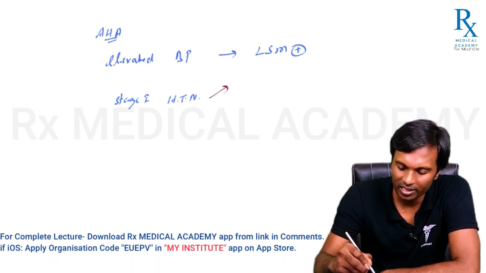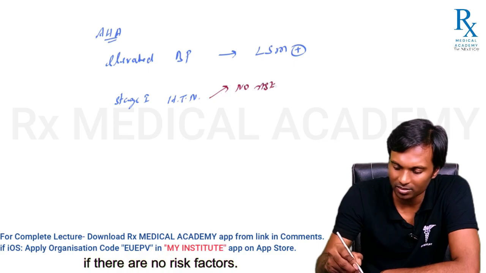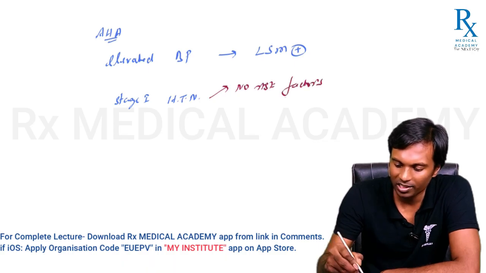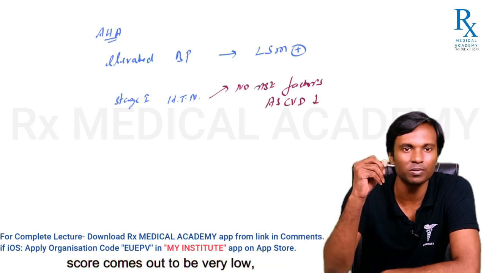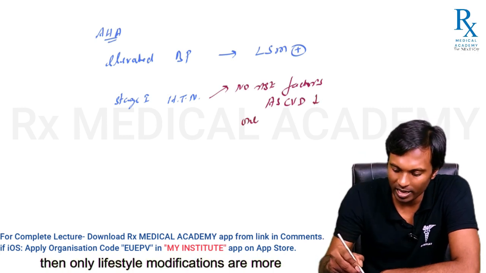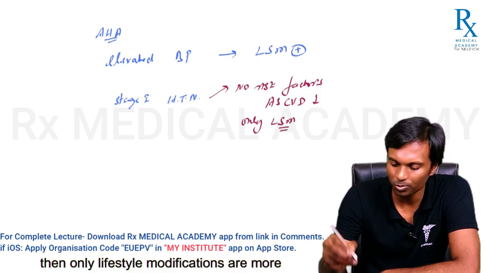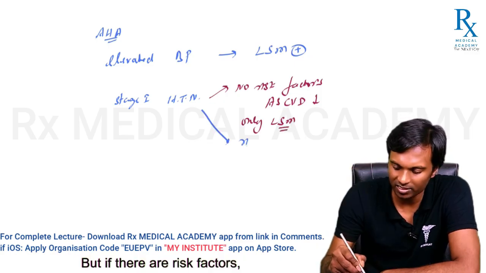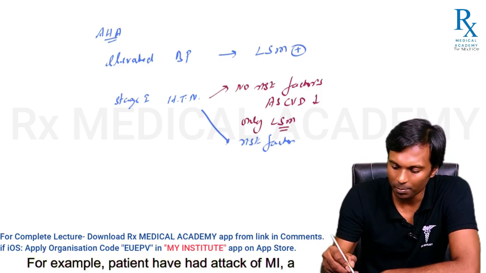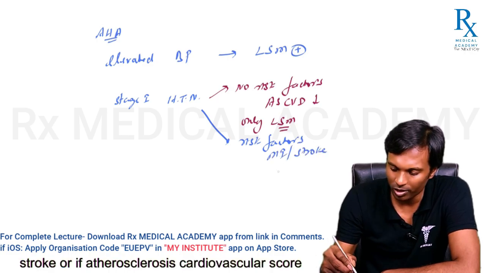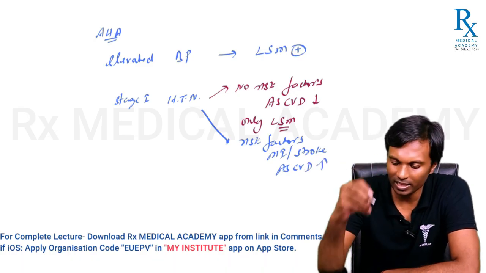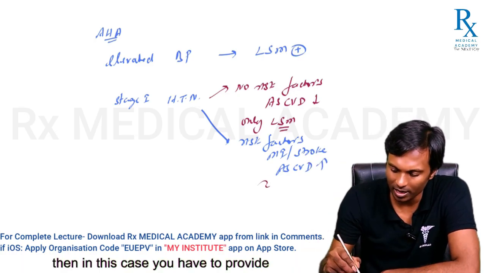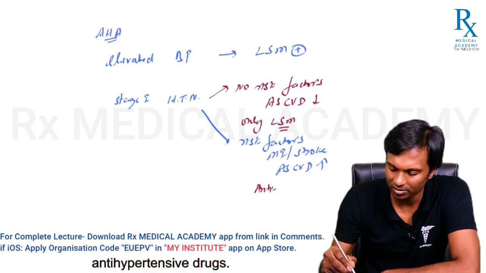Try to understand, if there are no risk factors, if atherosclerosis cardiovascular disease score comes out to be very low, then only lifestyle modifications are more than enough. But if there are risk factors, for example, the patient has had an attack of MI, a stroke, or his atherosclerosis cardiovascular score is very high, then in this case you have to provide antihypertensive drugs.